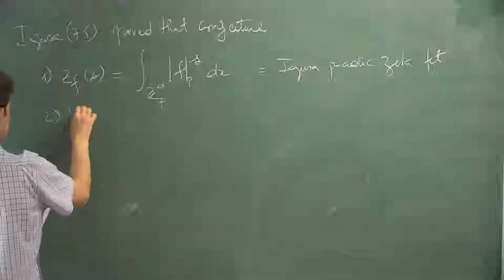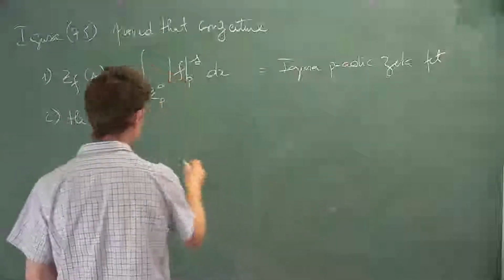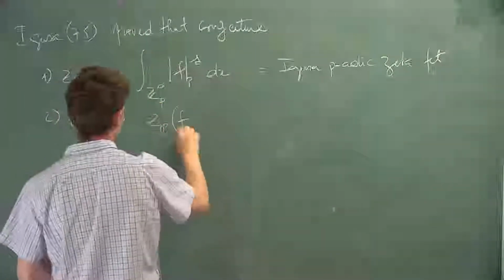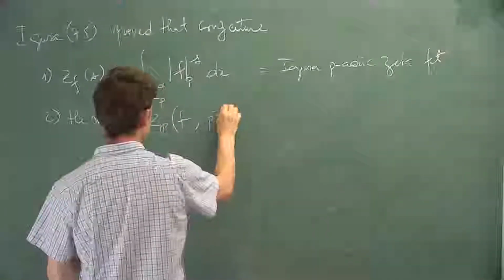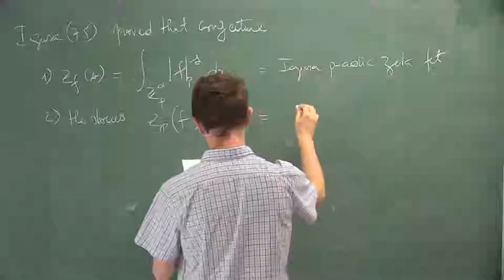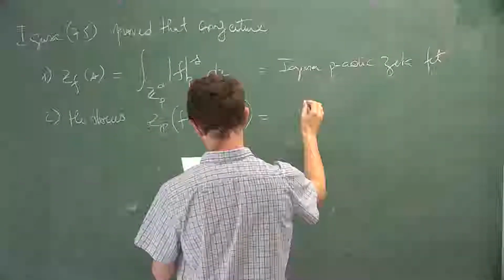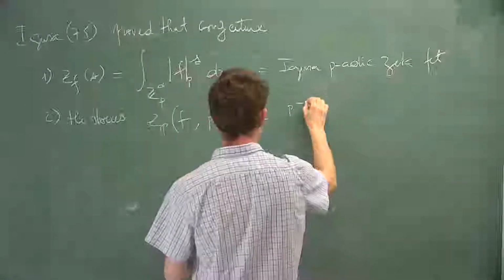Then he shows that when you look at the zeta function evaluated in p^(-s-d), then this is equal to p^(-s).